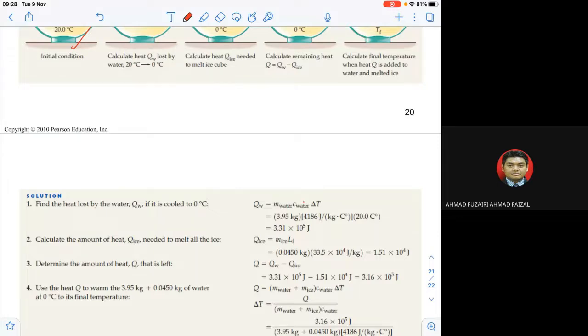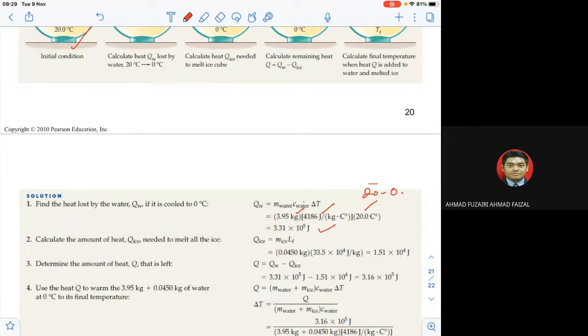So m water, c water, delta T: 3.95, 4186, and the temperature change is 20 to 0. So 0 minus 20, you will get negative 20. So you will get 3.31 times 10 to the power of 5 joules.